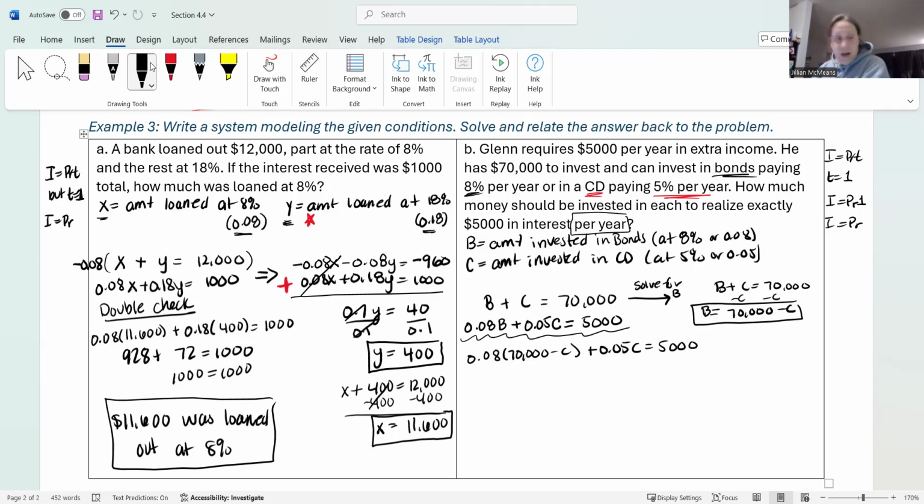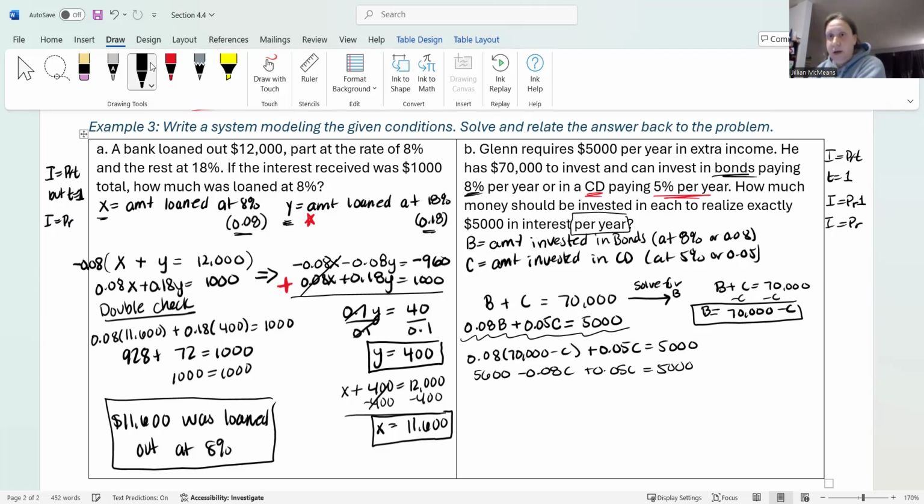Okay, so we've got to do some distributing here. So let's see, 0.08 times 70,000, we get 5,600. And then 0.08 times negative C is going to be minus 0.08 C plus 0.05 C equals 5,000.